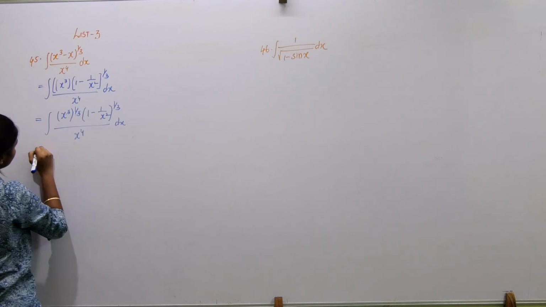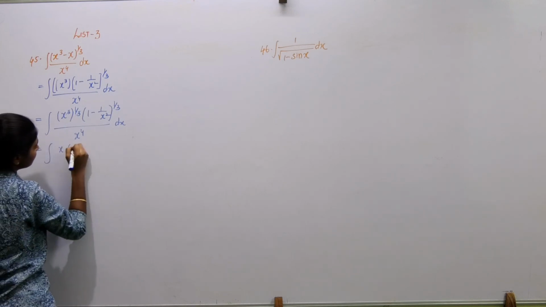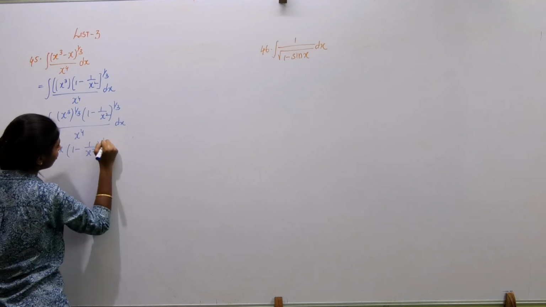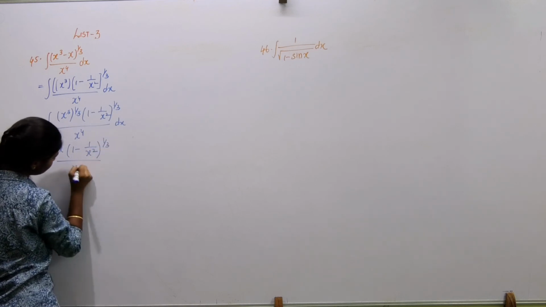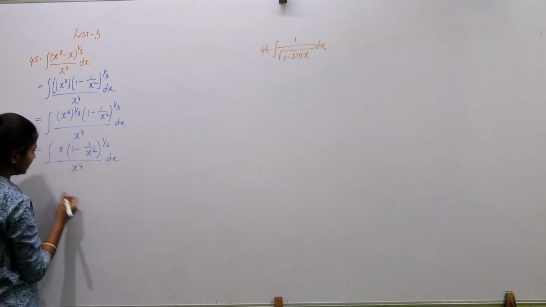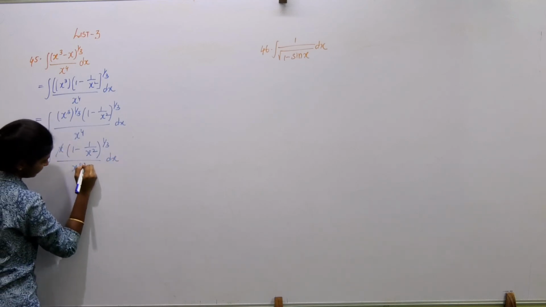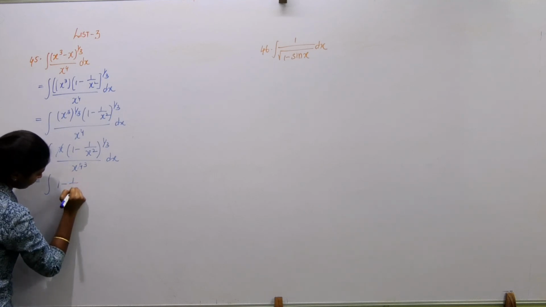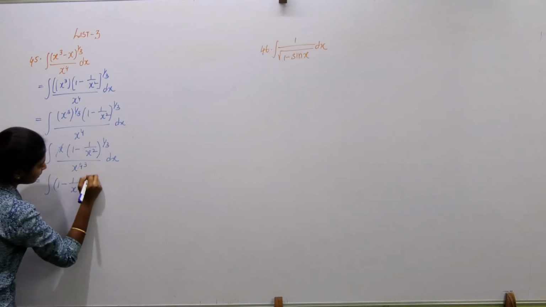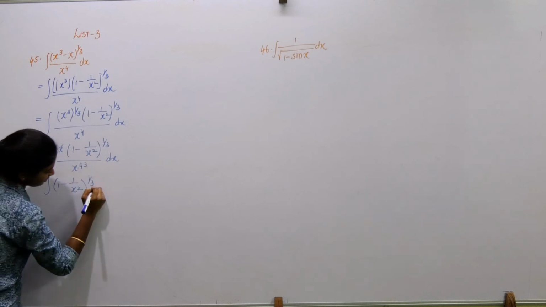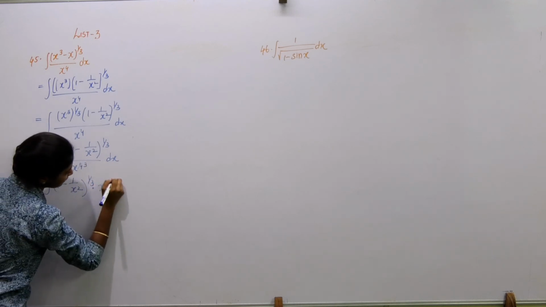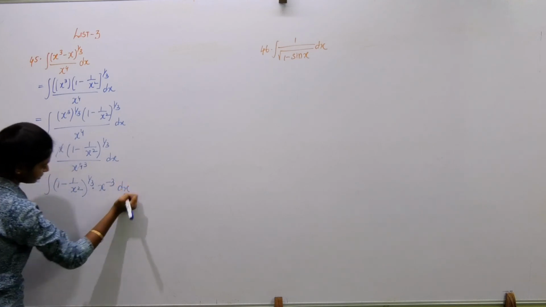The 3 gets cancelled. We have integral x into 1 minus 1 by x square whole power 1 by 3 by x power 4 dx. Here one x cancels, and we get x cube in the denominator. Integral 1 minus 1 by x square whole power 1 by 3, and the x cube in the denominator we can write as x power minus 3 dx.